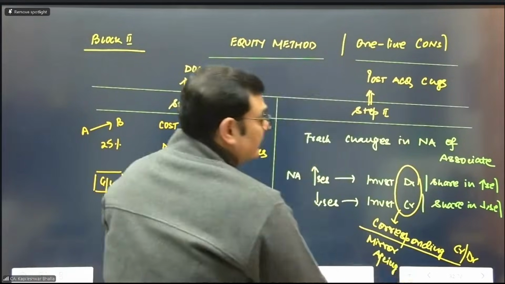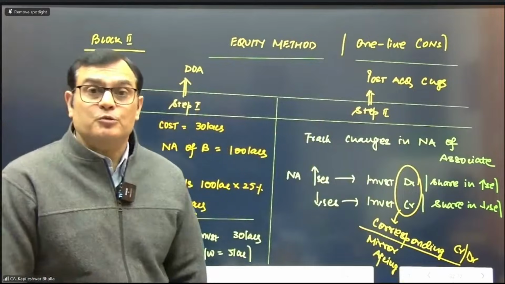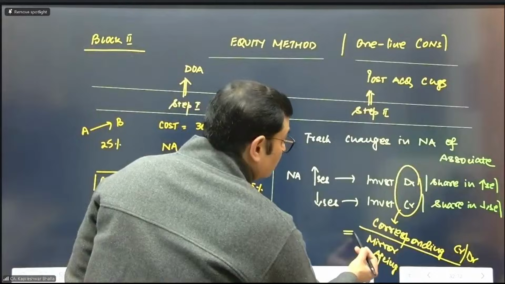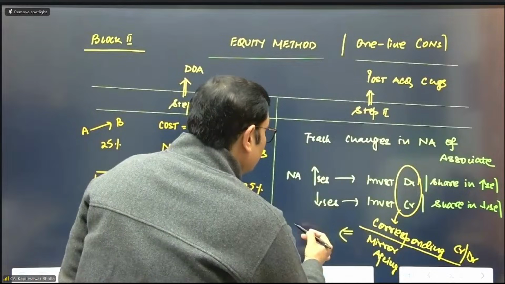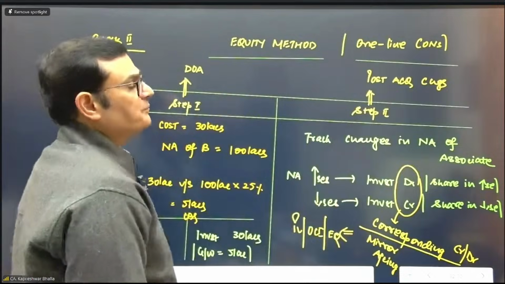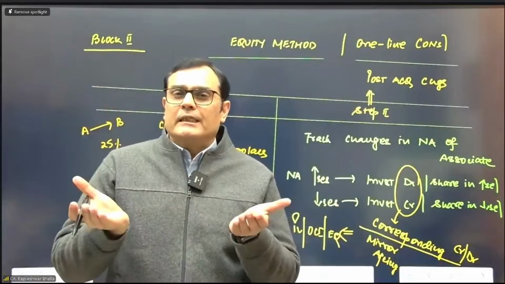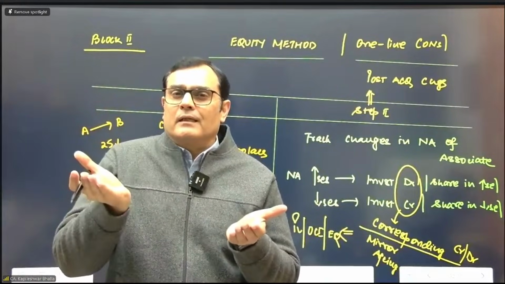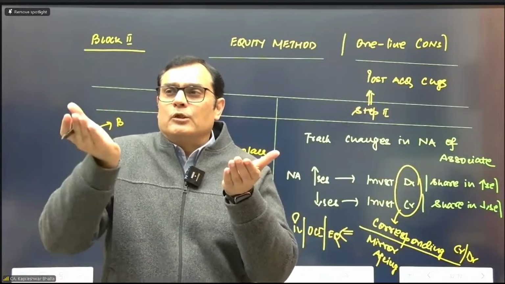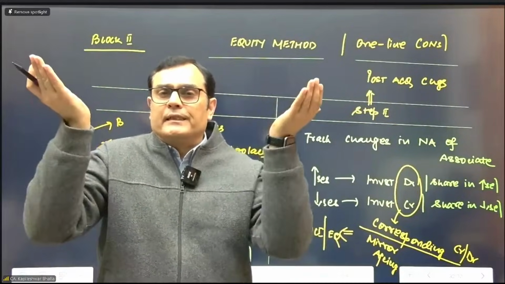In terms of mirror accounting, we will do the same credit, P&L, OCI, equity, as the case may be. If the investee credits P&L, I credit P&L; credits OCI, I credit OCI; equity directly credited, equity directly credited.